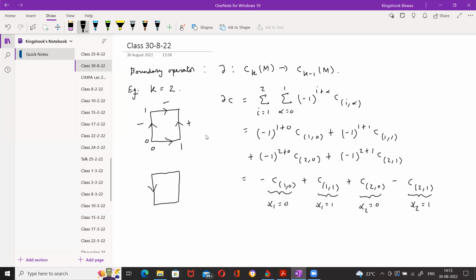And similarly, integrating over this top side with a minus sign is the same as integrating with the opposite orientation. Okay. And so what you see is we're getting the boundary of the square, as we should, with the correct orientation, right? So these signs are there so that you get the boundary faces coming with the correct orientation. Does this make sense? Yes, sir. Yes. Yeah, this is okay.